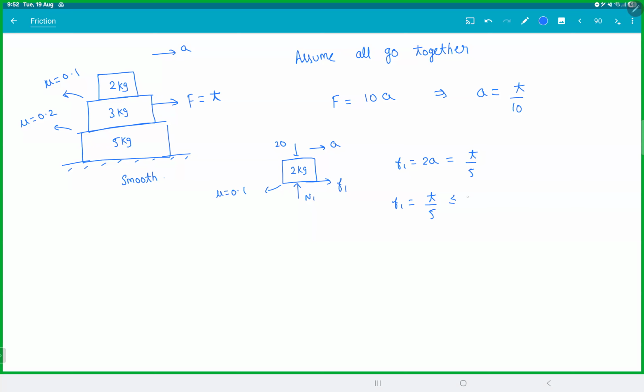So that's 0.1 into 20, which is 2 newtons. So we will get T less than 10 seconds. Understand the meaning of this. F1 is telling you up to 10 seconds, I can make sure 2 kg and 3 kg will go together. That's what it is telling.